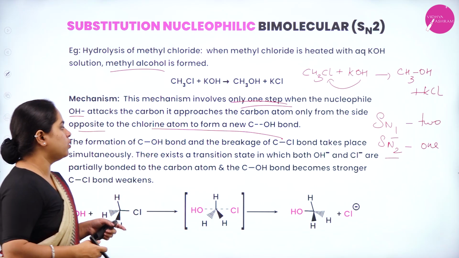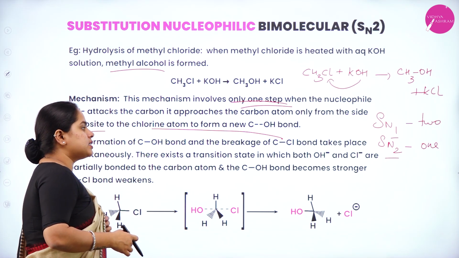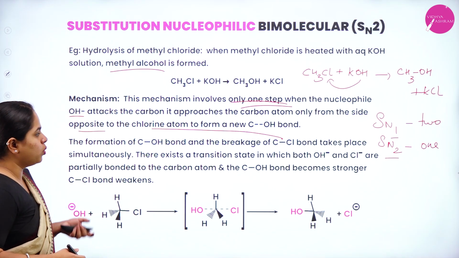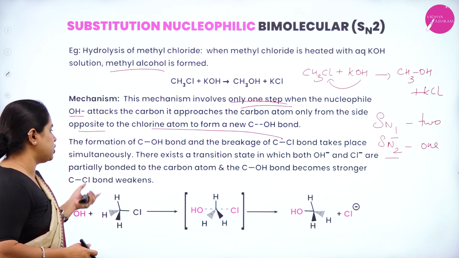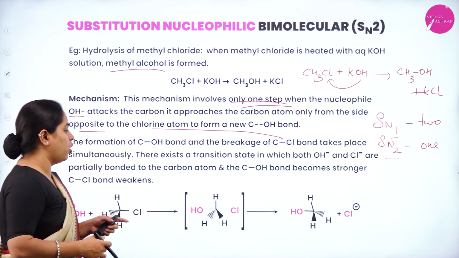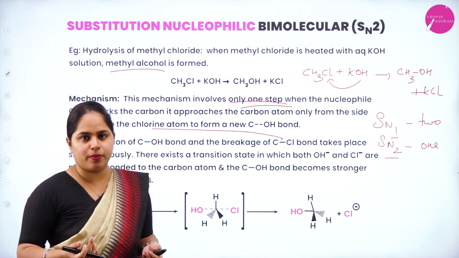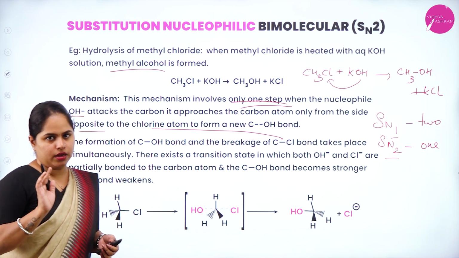The formation of the C-OH bond and the breakage of the C-Cl bond take place simultaneously. There exists a transition state in which both OH minus and Cl minus are partially bonded to the carbon atom, and the C-OH bond becomes stronger and the C-Cl bond weakens. So as discussed, this reaction, that is the SN2 mechanism, is a single step reaction.